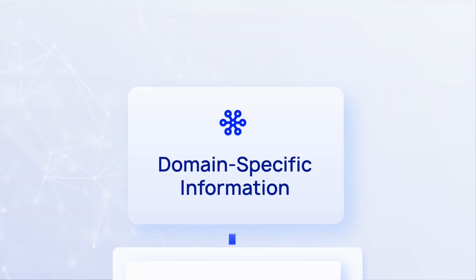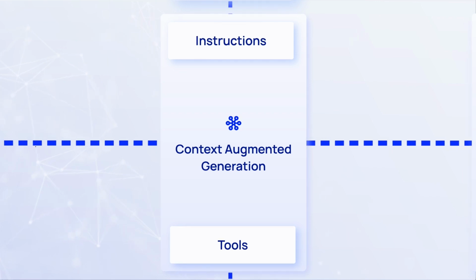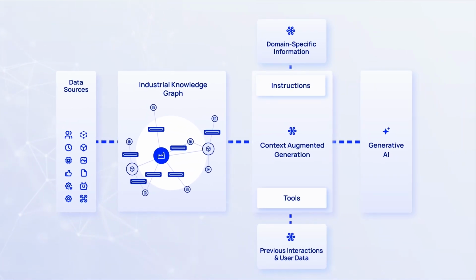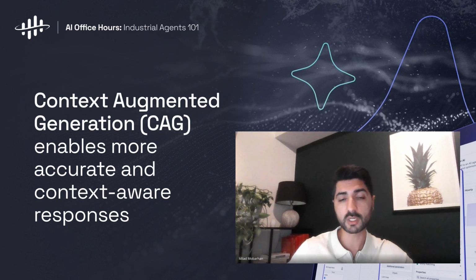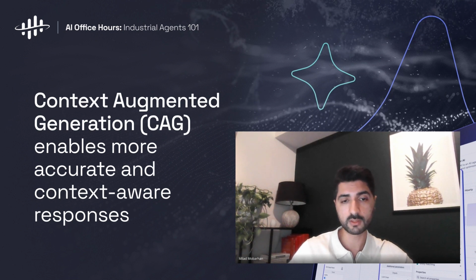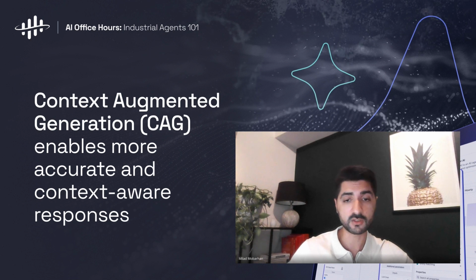And all this will provide a much richer contextual awareness to the agent. The result of this context augmented generation is that it enables the system to generate more accurate, more relevant, and contextually aware responses. And all this is very important in an industrial setting, which involves many complex systems and complex data.